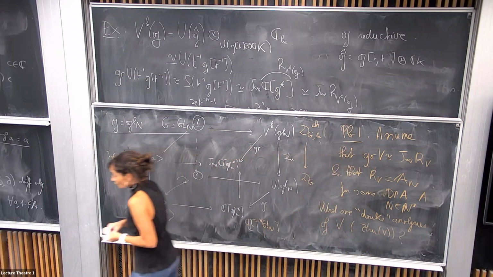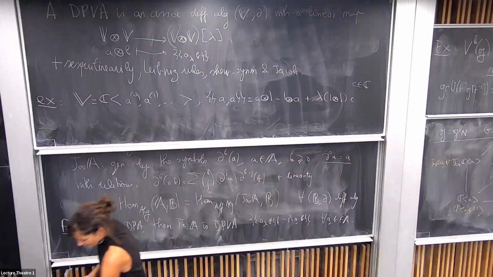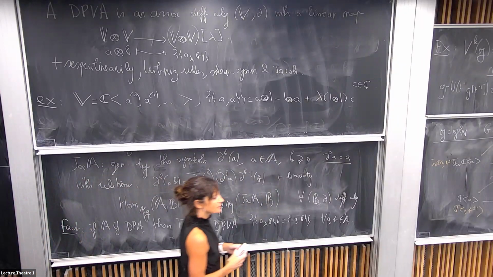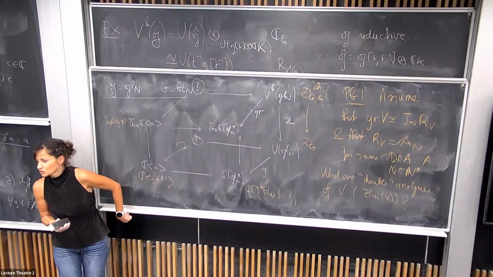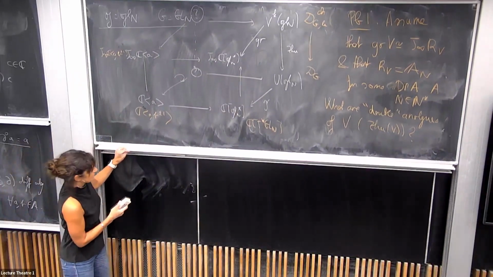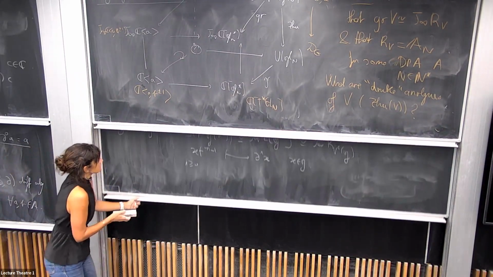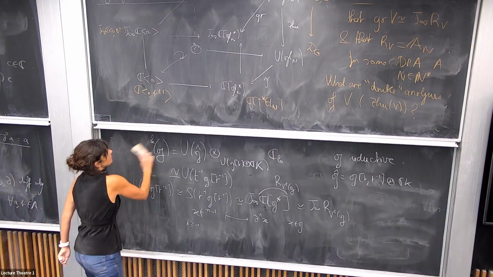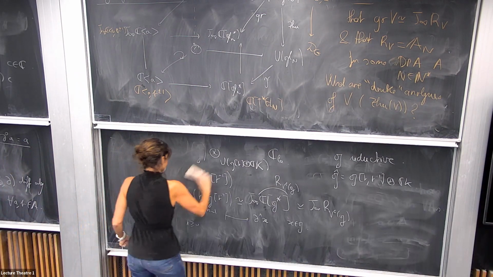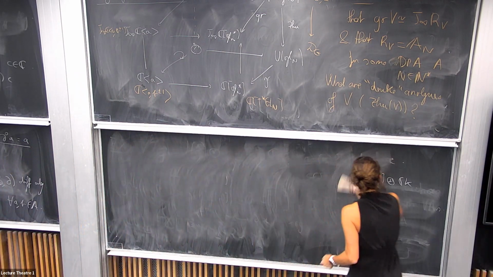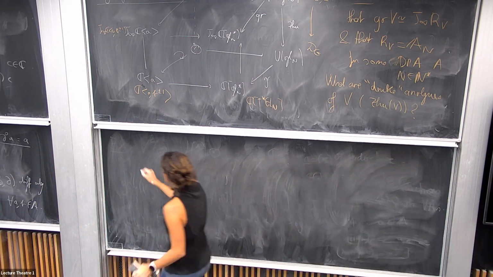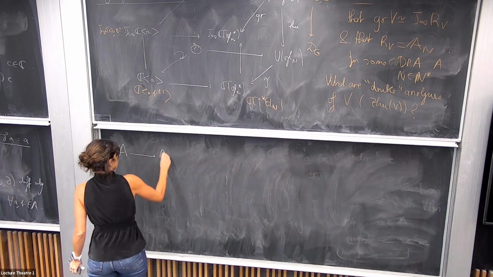Okay. So now I would like to discuss the Poisson reduction and Hamiltonian reduction. For simplicity, I explain only Poisson reduction, and I will explain how to adapt it afterwards. If you remember, my first cube is different from that one. I would like now to discuss the right face. So you remember we had this.